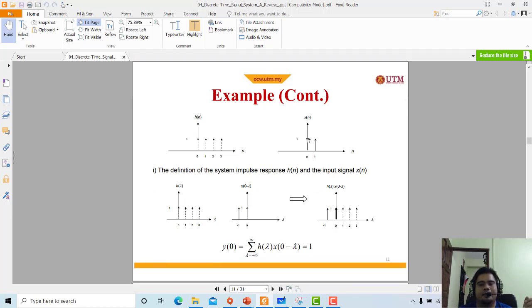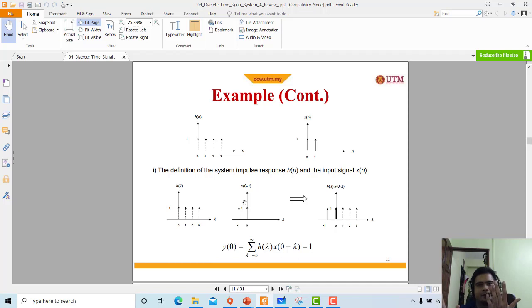After you choose this one to be flipped, this is where the operation happens. You flip your x[n], then you do a sliding window of x[n] over h[n], sliding in the x direction.